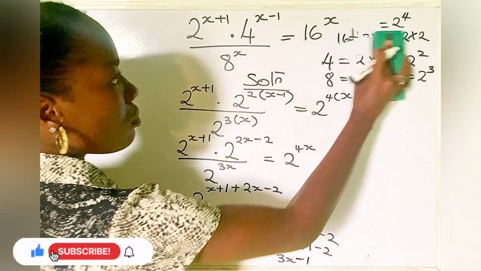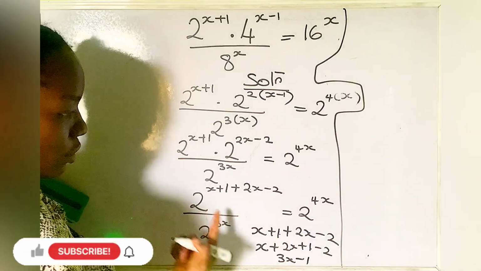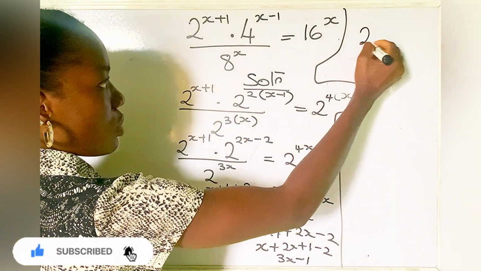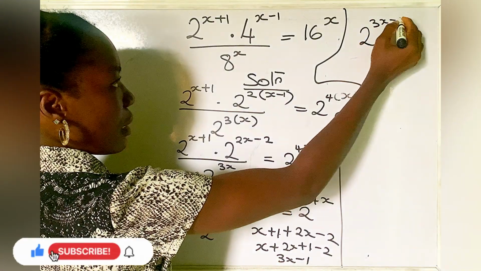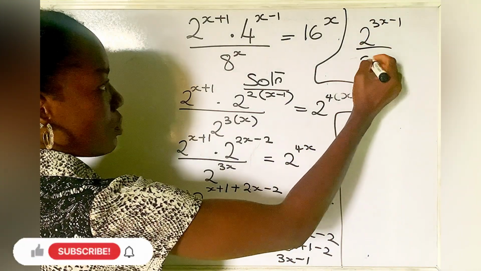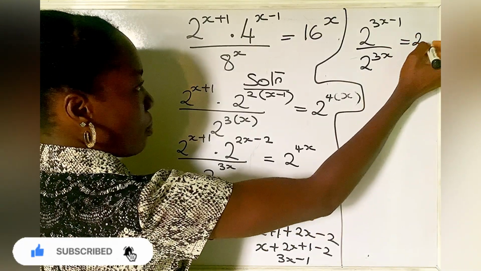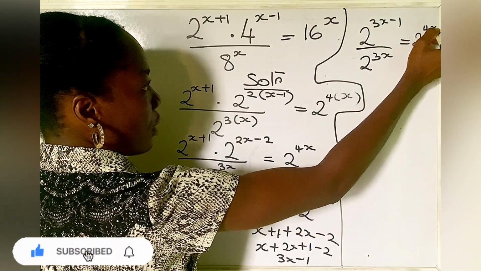So this now is 2 to the power of 3x minus 1 over 2 to the power of 3x is equal to 2 to the power of 4x.